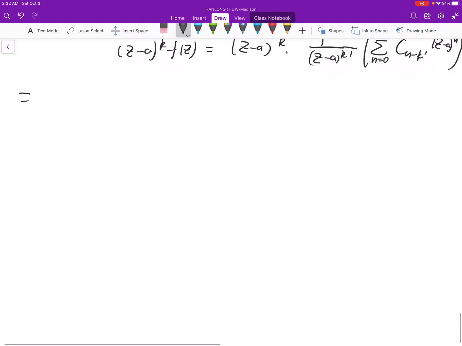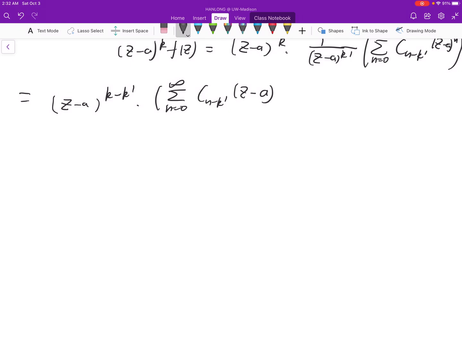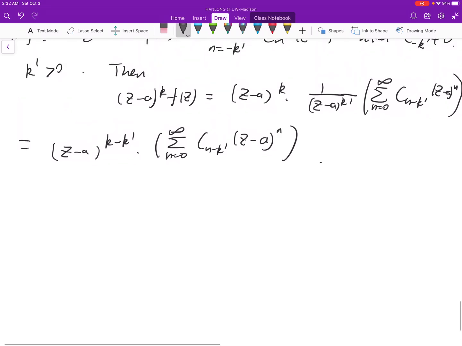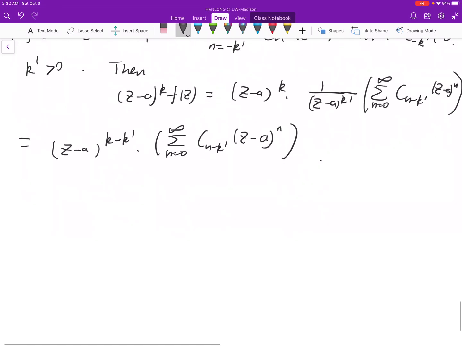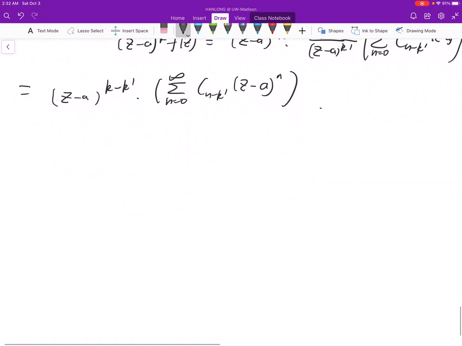Okay, then this is (z minus a) to the k minus k prime times a summation of power series. And for the power series, note that the leading coefficient is non-zero.